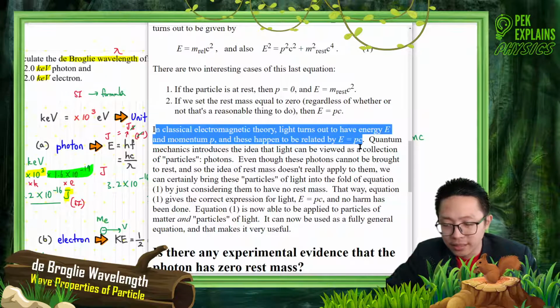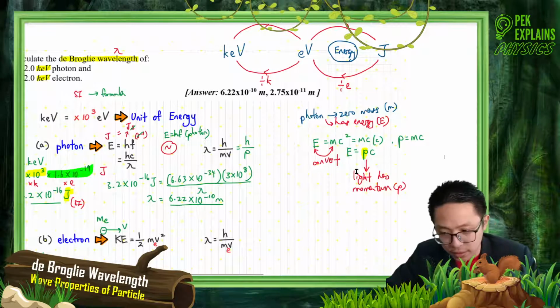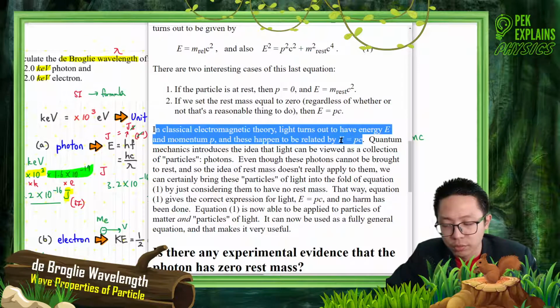This formula E equal to pc actually comes from the formula E equal to mc square. We just substitute the momentum formula into mc square, and we get E equal to pc, showing that the light has both energy E and momentum p.